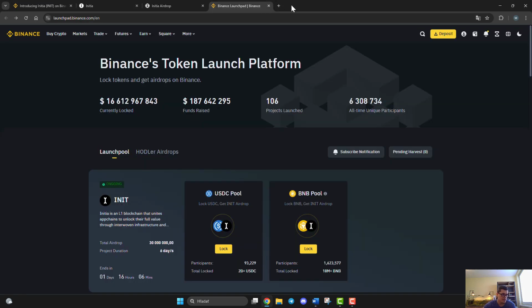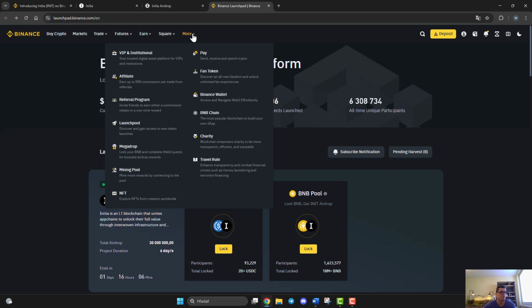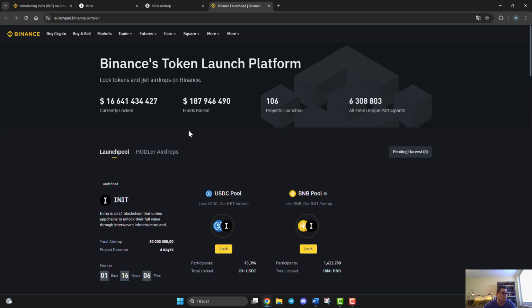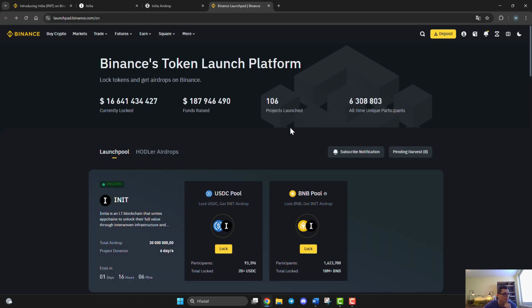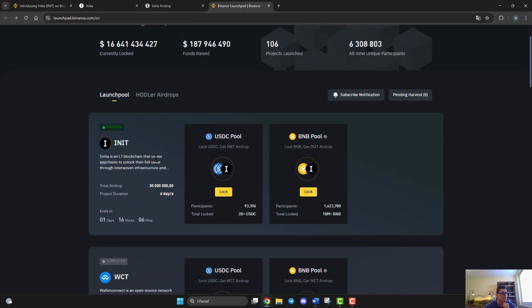Now when we go on Binance, I will show you how to participate. Click on More, then Launchpool. So we got the homepage for the Launchpool on Binance, and here you can see the latest Launchpool, which is INIT, the layer 1 blockchain we were talking about. You can choose between USDC and BNB to stake.